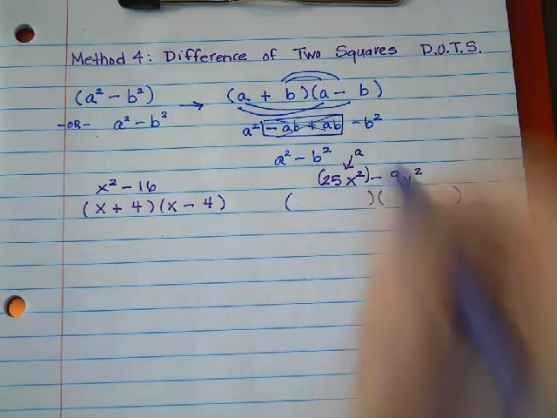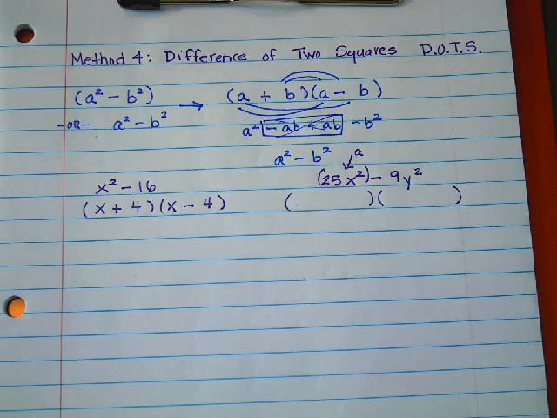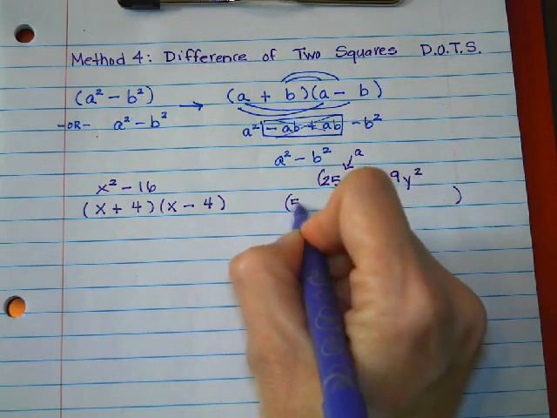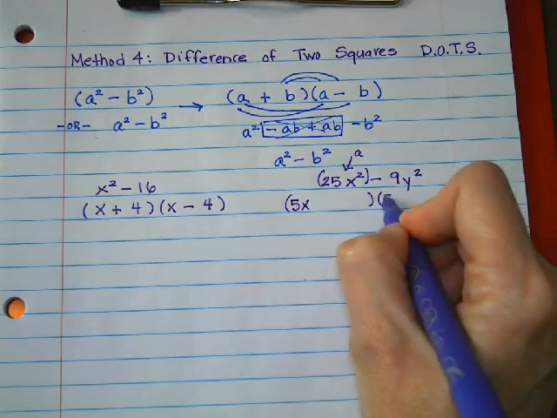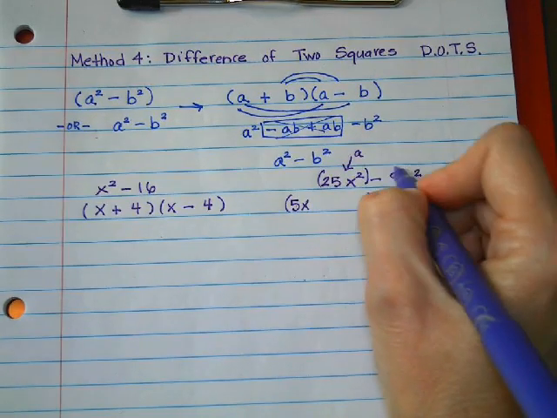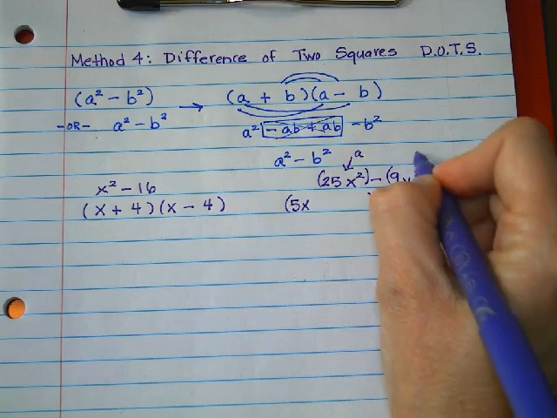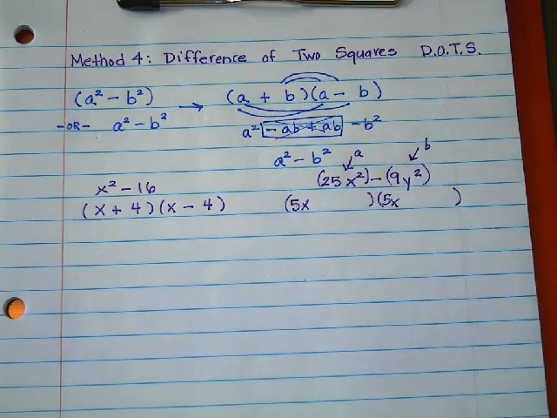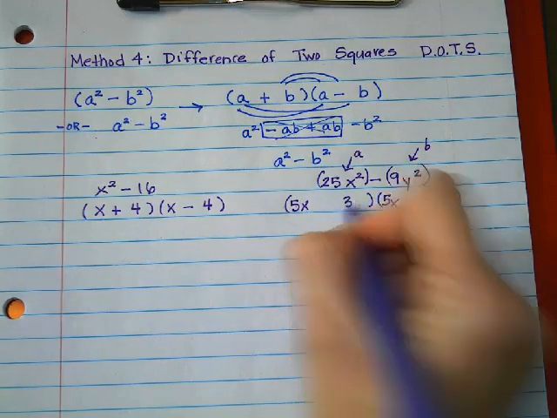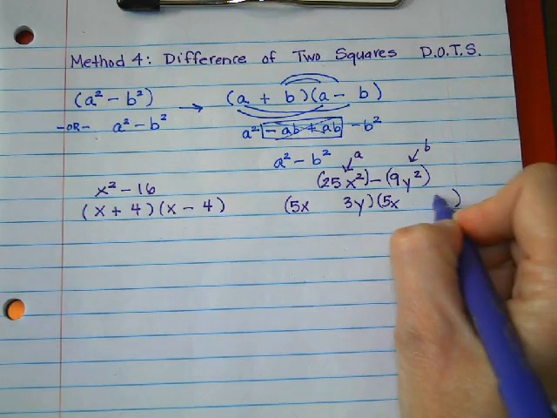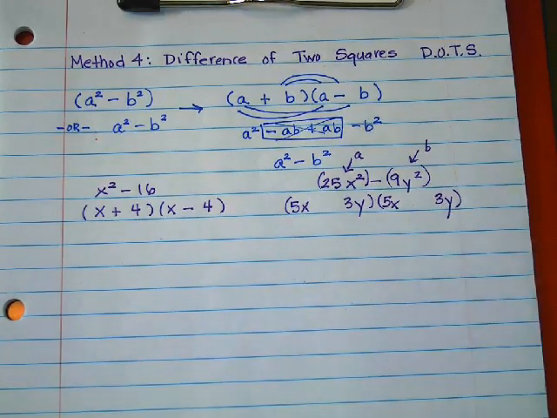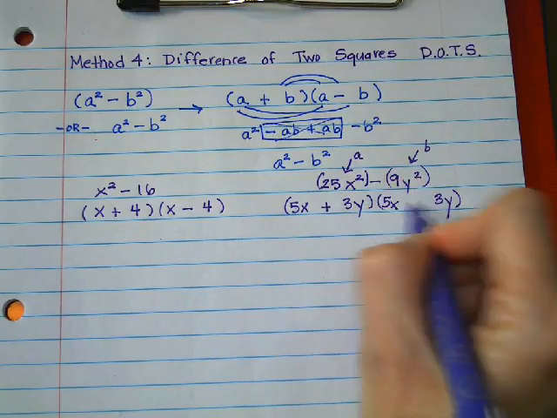So we find the square root of 25, which is 5, and the square root of x squared, which is x, so they'll each get a 5x. This whole unit is your b value. So you find the square root of 9, which is 3, and the square root of y squared, which is y, so they'll each get a 3y. And then the signs are different. One is positive and the other is negative.